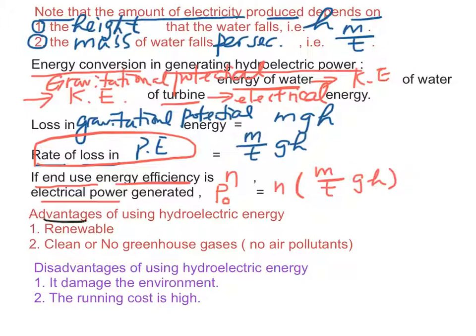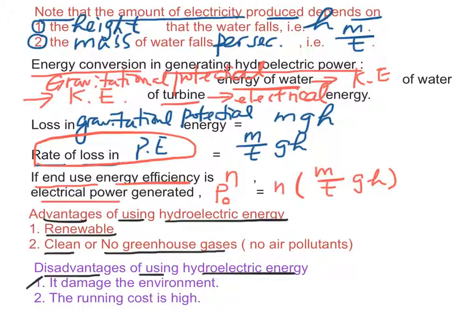The advantages of using hydroelectric energy are it is renewable and it is clean, or low greenhouse gases are emitted. However, there are disadvantages of using hydroelectric energy. One of these is it will damage the environment or the ecology.